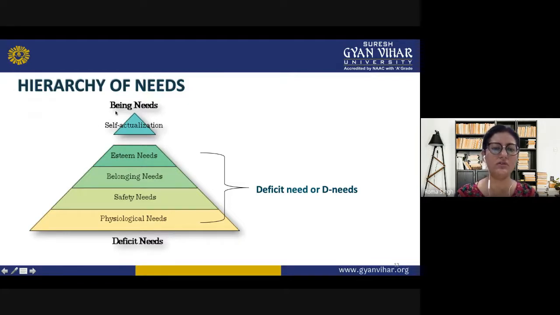So these are the being needs, and these all are the deficit needs which need to be completed. Until and unless these needs are completed, the person will not reach the most ultimate level of living life, that is self actualization.